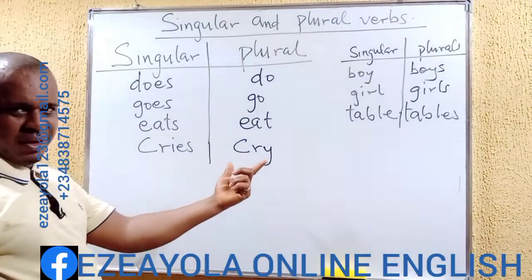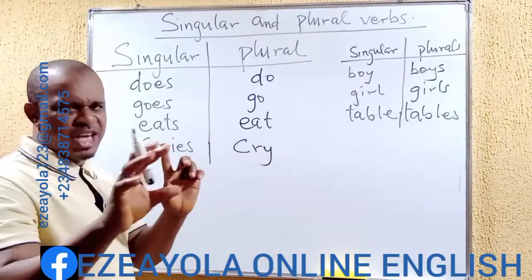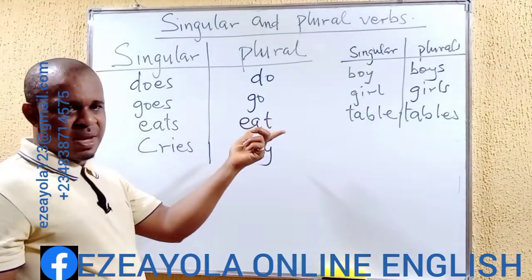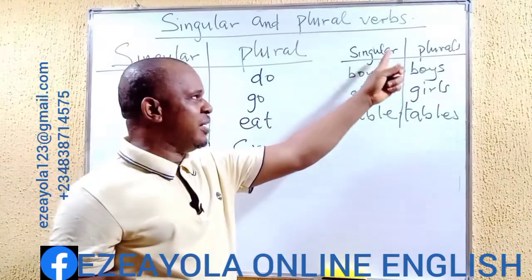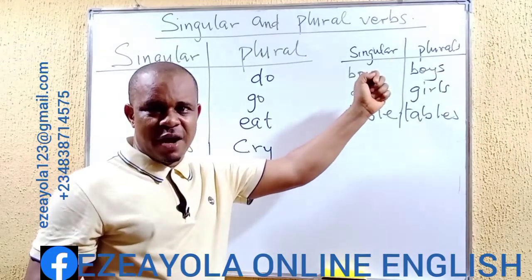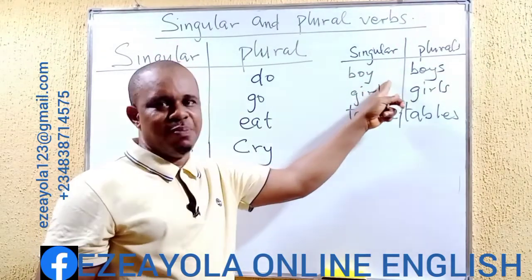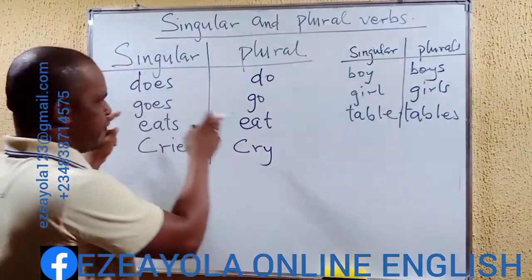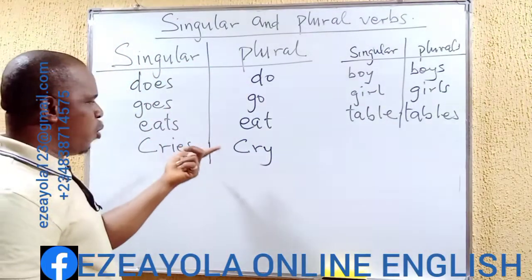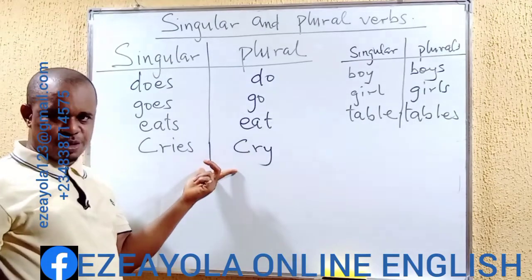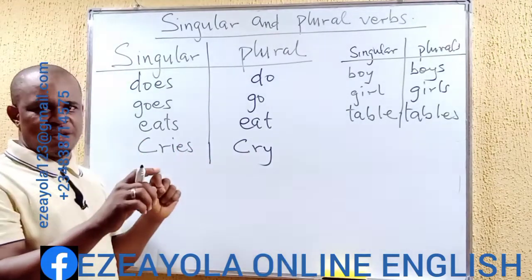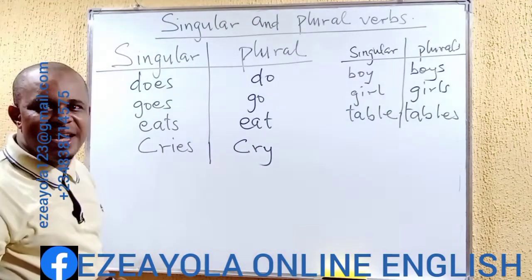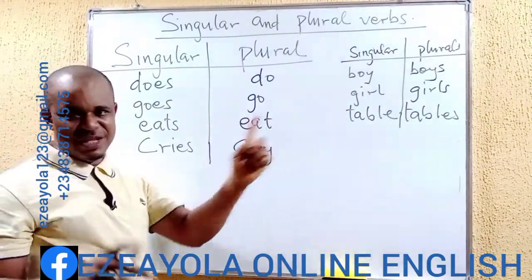Now notice something. Normally, nature gives you reason to be confused. Naturally, the singular forms of the nouns, they don't admit S, but in their plurals, they do. Why is it a different thing altogether when we come over to the verbs? We have a contradiction because in the verbs, their singulars admit S, but in their plurals, they do not.